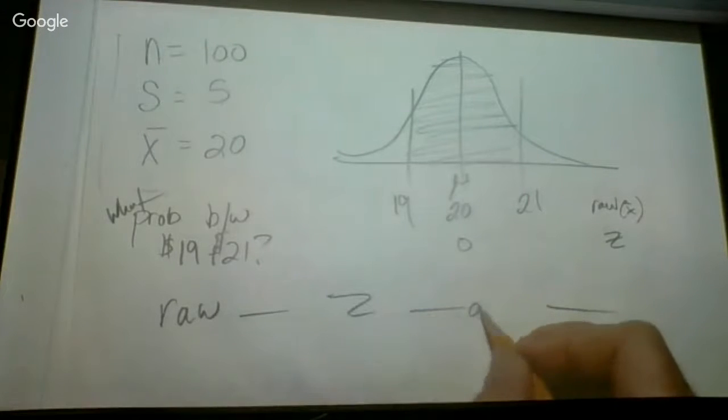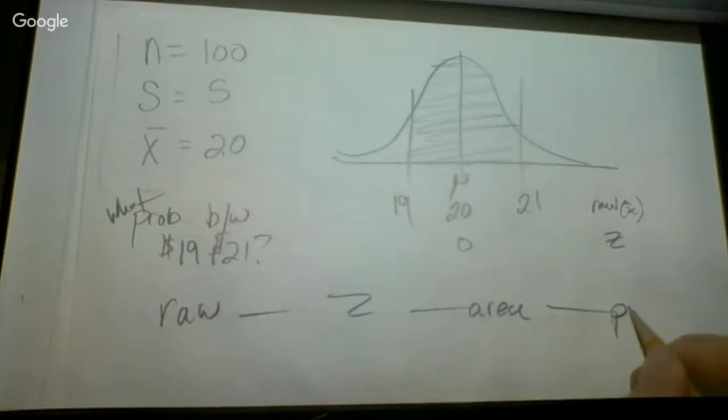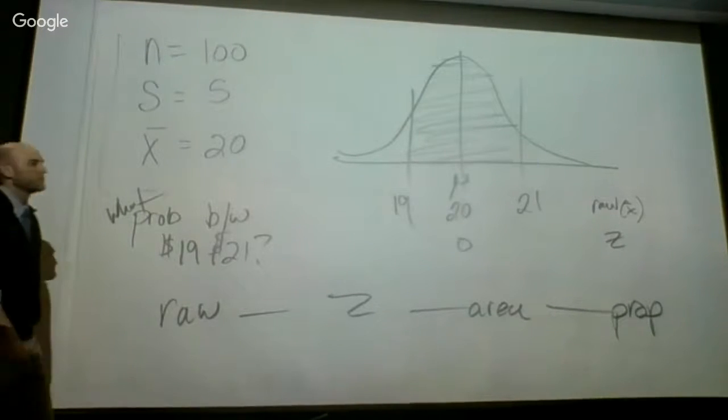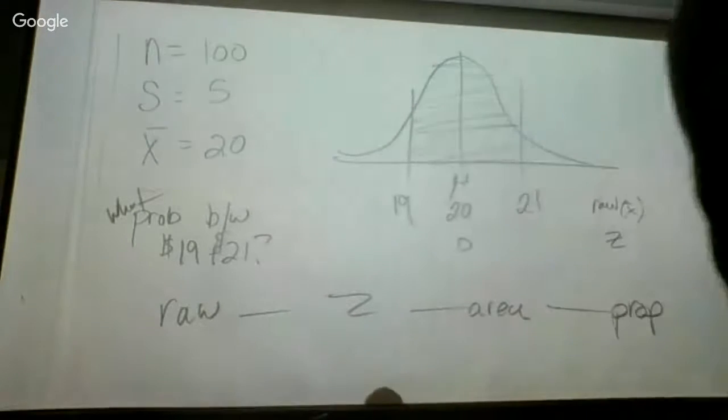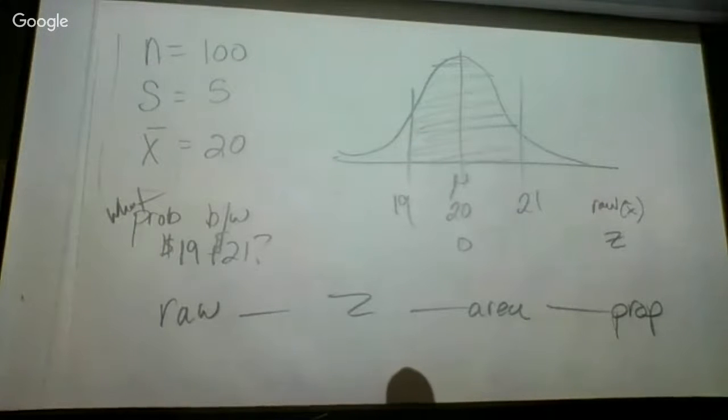We need a z-score, an area, and that's how we get to proportion. Not trying to go super fast, it's that we've established this and been doing these types of problems for about 2 or 3 weeks. It was material that you were asked to master for the midterm, and many of you did.